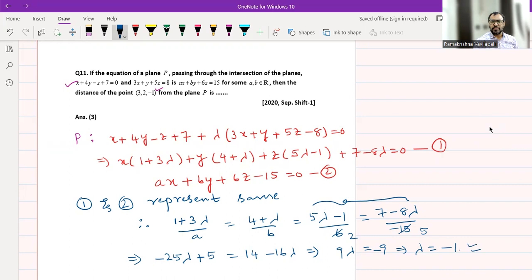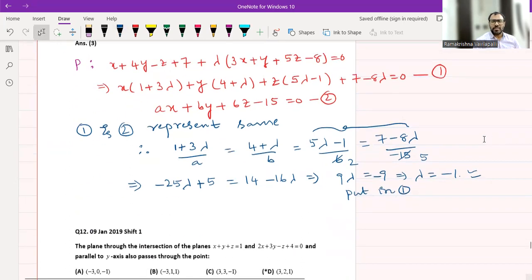Put in 1. We will get the equation of plane. So what is the equation of plane P now? 4x, put in 1, plus 5y, plus 4z. Okay, λ equal to minus 1.